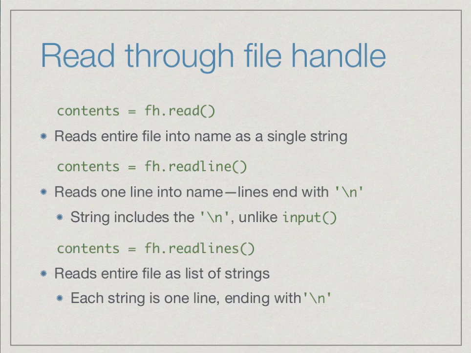So readline and readlines, none of them will actually remove the \n's. They will remain faithfully as part of your input. So in other words, if you're going to transfer this from one file to another, you don't have to worry about reinserting \n because it's already there. So you can use this input to output directly. But on the other hand, if you want to do some manipulation with the string, then you must remember that this \n is there and you must deal with it appropriately.